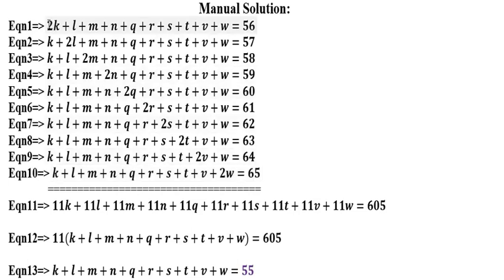Now notice in the diagonal you have 2K, 2L, 2M, 2N, 2Q, 2R, 2S, 2T, 2V, 2W. Above the diagonal you have ones, and below the diagonal you have ones. And notice these are 56, 57, 58, 59, 60, 61, 62, 63, 64, 65.